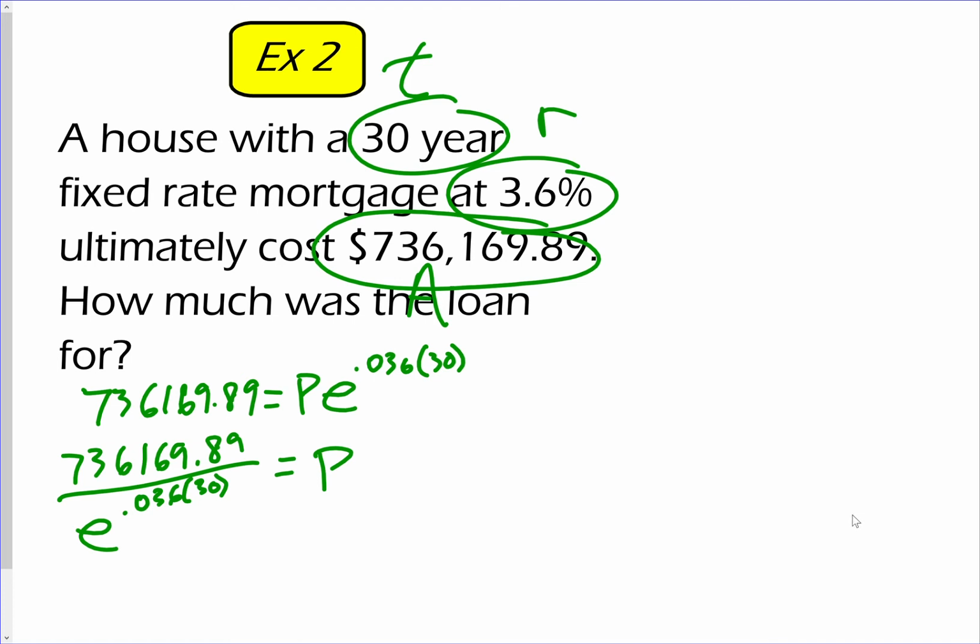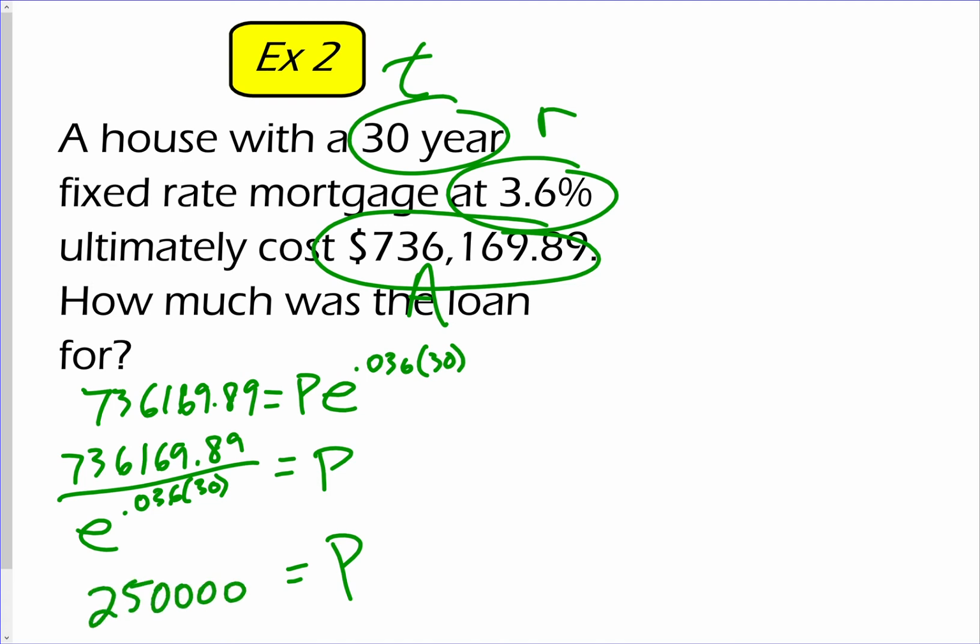So we have 736,169.89 divided by, I'm going to use some parentheses just in case, e to the 0.036 times 30. Oops, be careful, in my parentheses, and go ahead and hit enter.